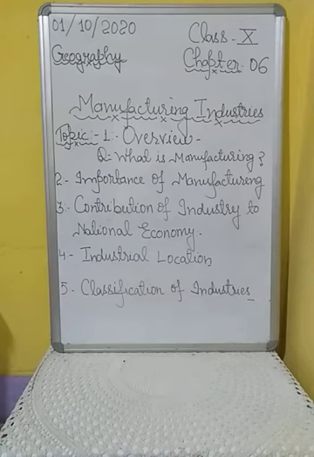So students, heavy industries are those industries which use heavy and bulky raw material and produce heavy goods in large quantity. For example, iron and steel industry, copper smelting industry, etc.